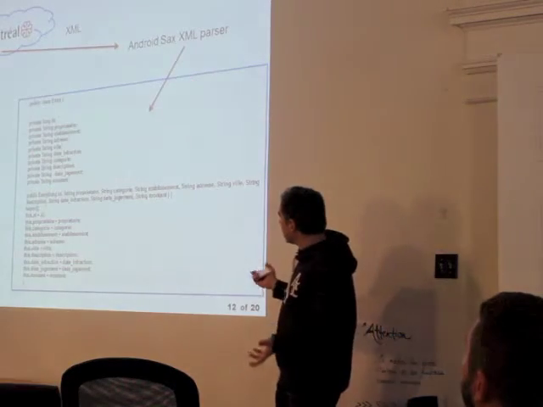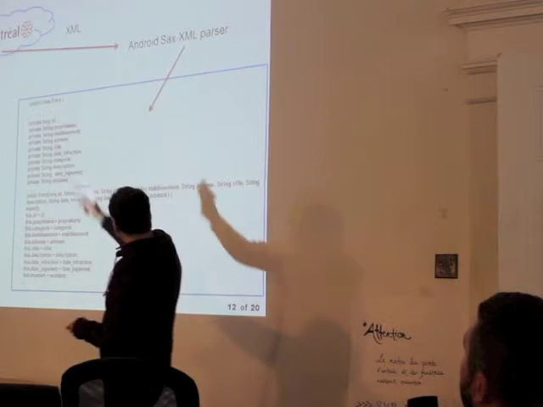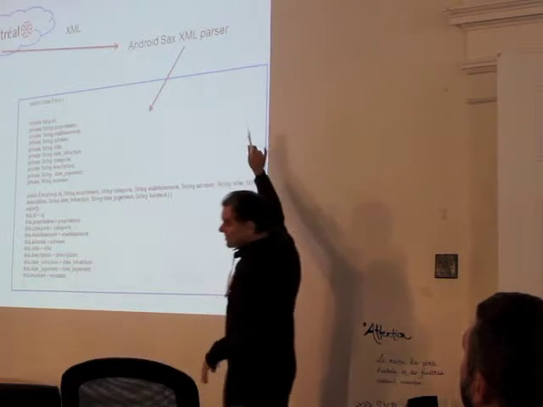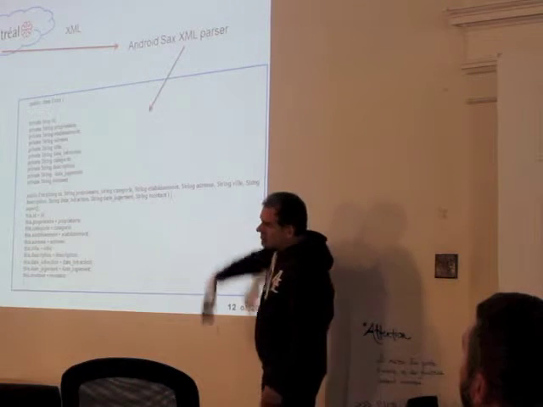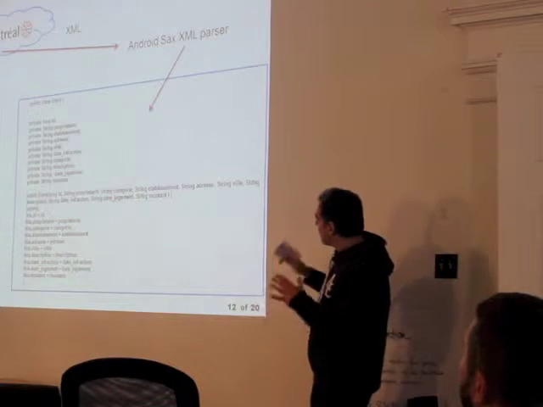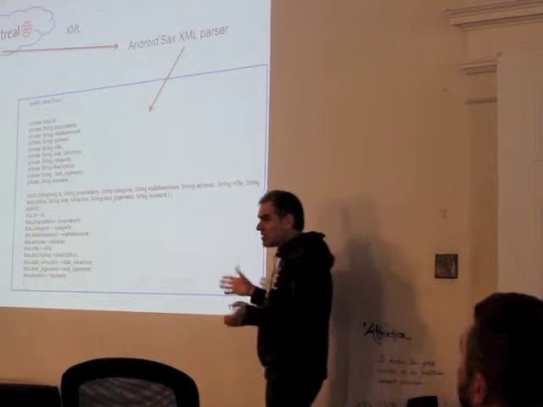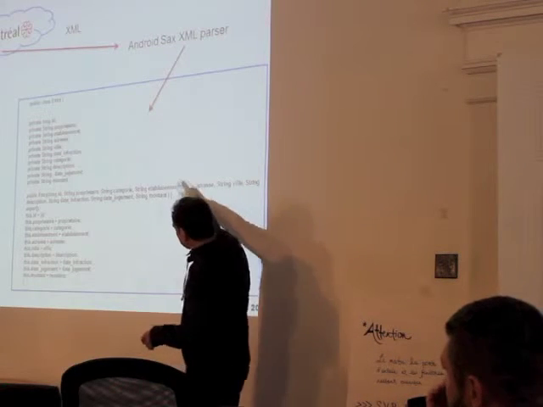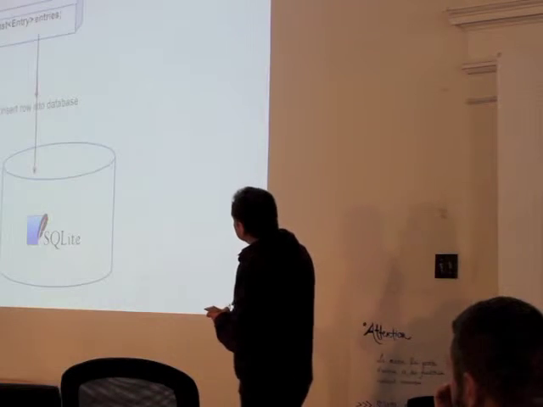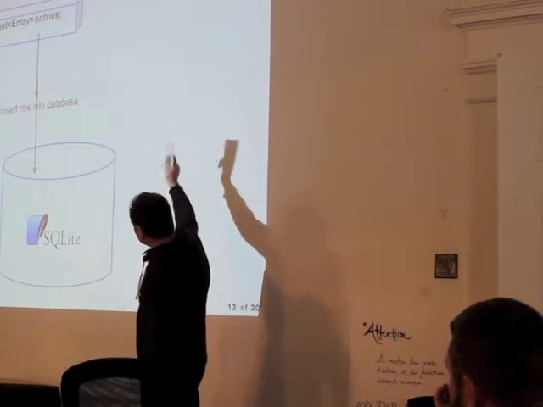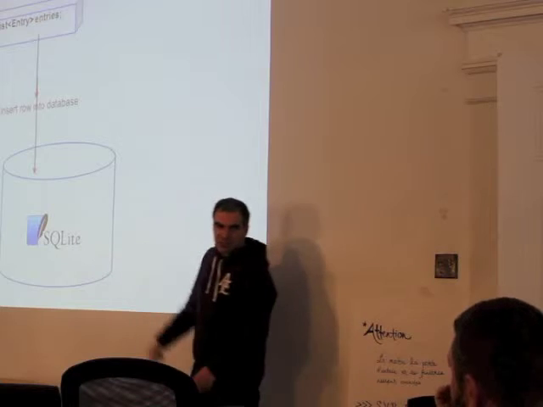Essentially, what I'm doing is getting all the XML, doing some Android SAX parsing, and putting everything in memory in a big array of objects, each object being a row of data. And so I'm looping and storing that into an SQL database, SQLite.